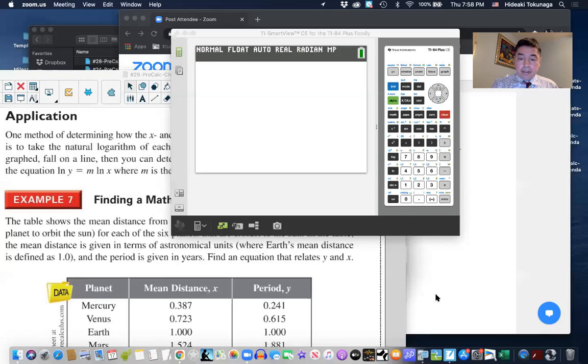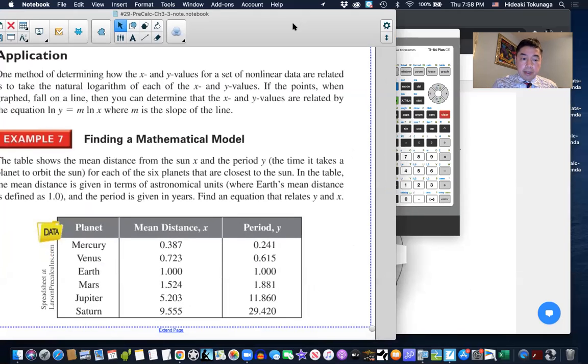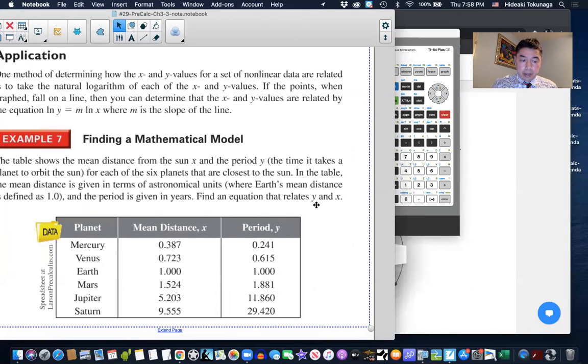So let me share the whole screen. Okay, this is my whole screen. Now you see my notes and this information.